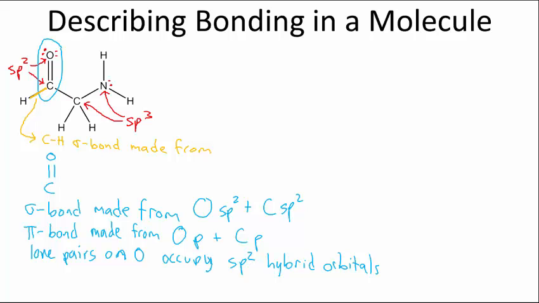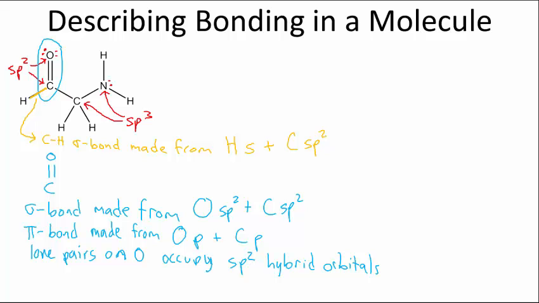An s orbital from which atom? The hydrogen. With hydrogen, it only has an s orbital. So with hydrogen, the bonding is always boring. It's just one bond made from the s orbital. All right, so this comes from the hydrogen s orbital and the carbon sp2, because that carbon is sp2 hybridized.